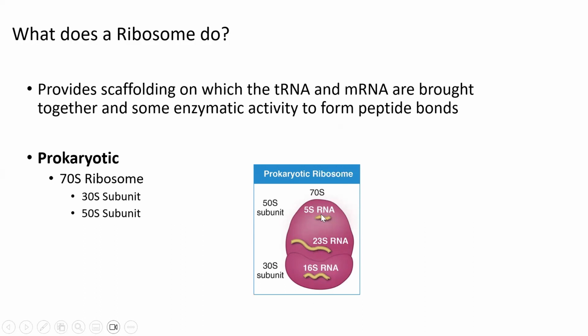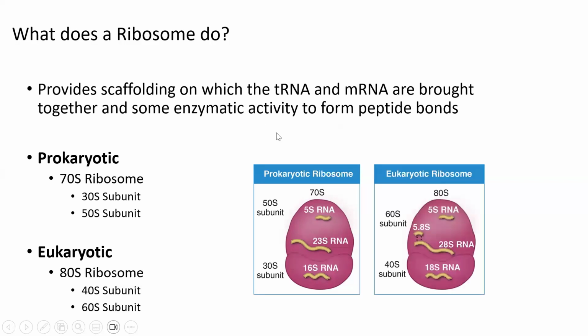It has a couple of ribosomal RNAs that allow some activity to occur. And then there's the 80S ribosome, where it's the 40S and the 60S components together with a couple of other ribosomal RNAs.